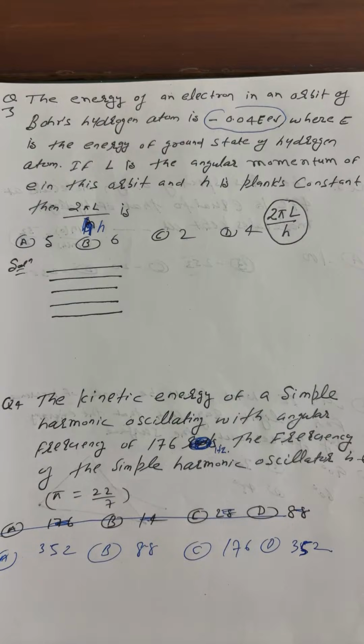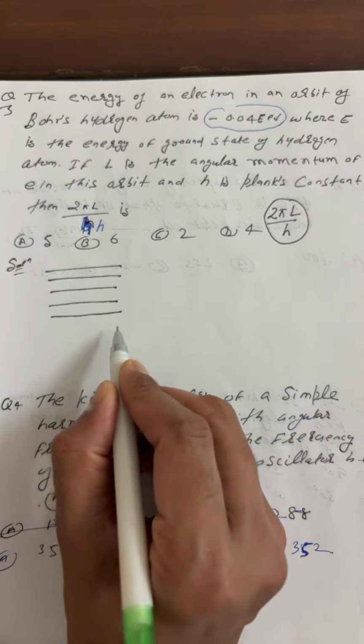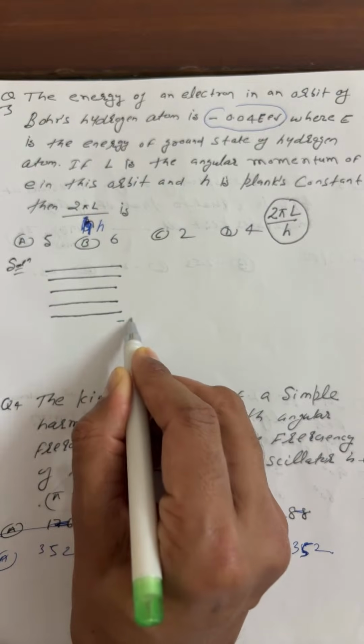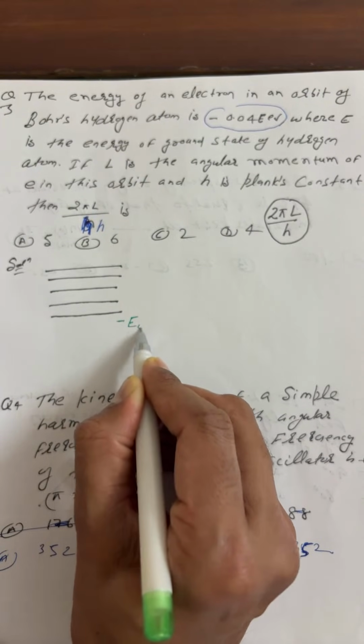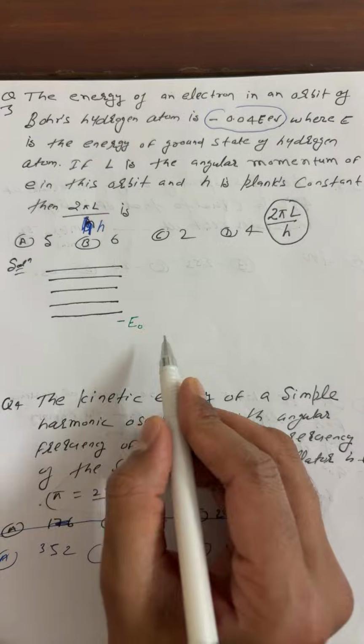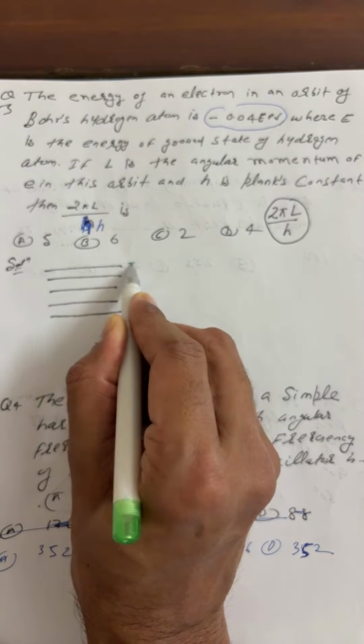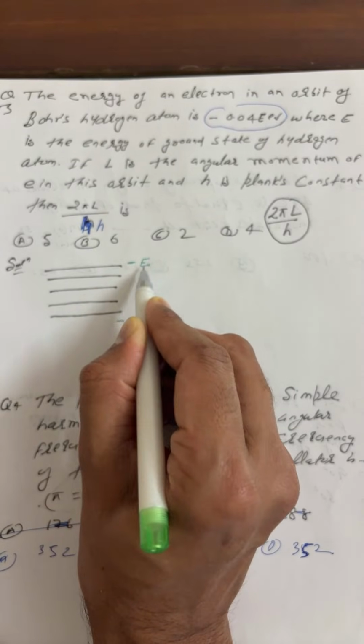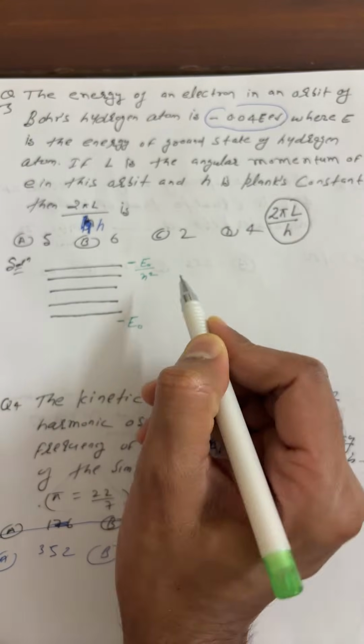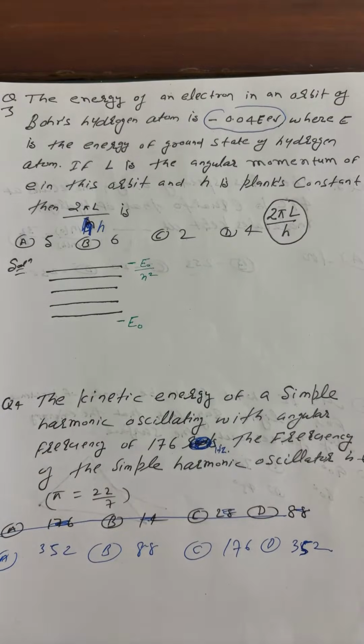Okay, initially, what is the energy we can take at the initial ground state? That is minus E naught, right? What can we take finally? This is E naught upon n square, right?